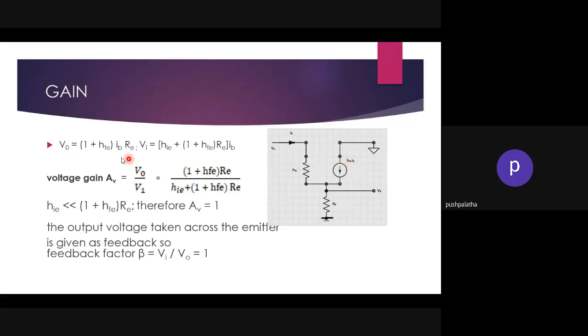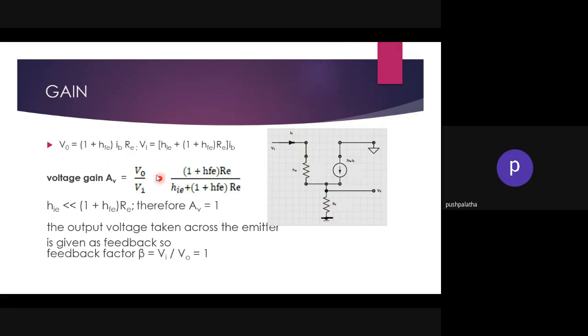So if I write that, you will get IB plus HFE IB. See, V naught: first you write IE equal to IB plus IC. IC is HFE IB. So (1 plus HFE) IB, okay, into RE. And VI is what? I have HIE plus (1 plus HFE) RE, into IB.